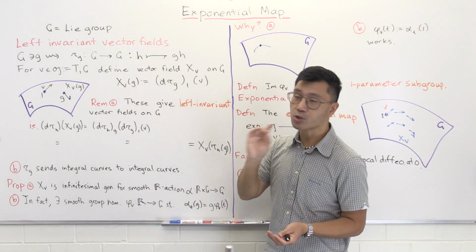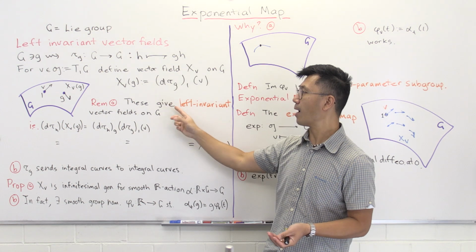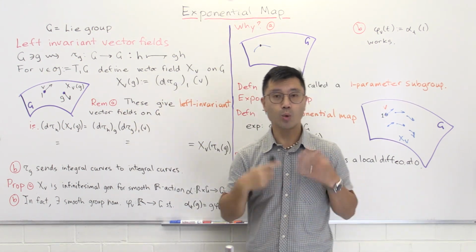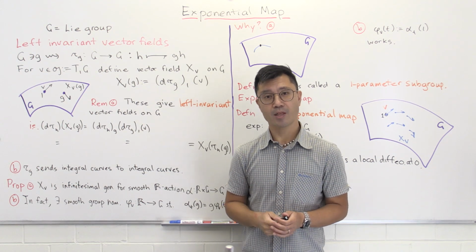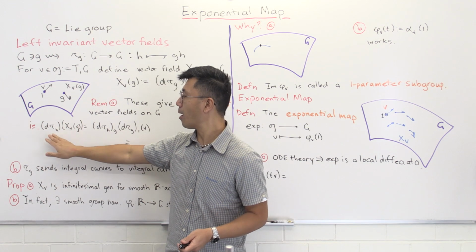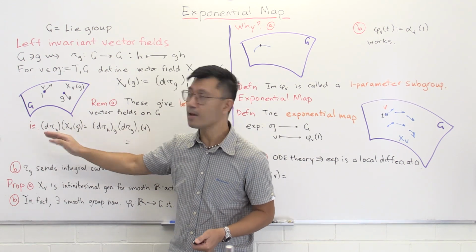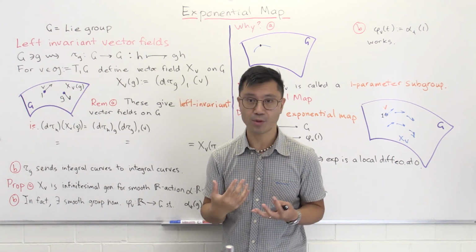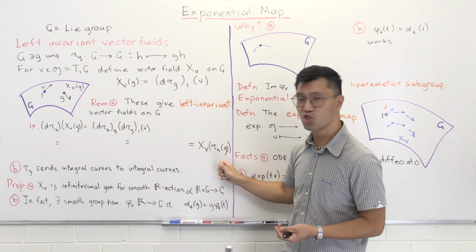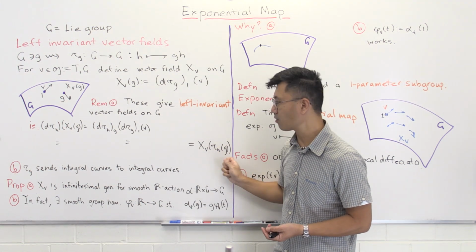And what's really nice about this, and this is the important remark, is that this turns out to be an example of what's called a left-invariant vector field. So what does it mean to be left-invariant? That means that if, for example, you translate by left multiplication by some element h inside the group, this vector field is compatible with that. How is it compatible? Well, suppose you want to evaluate this vector field not at g now, but at g translated on the left by h, so tau h of g.